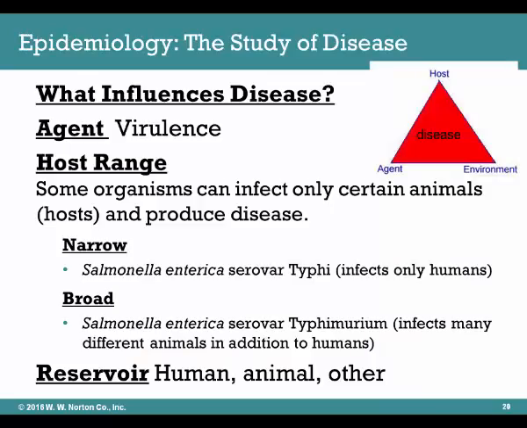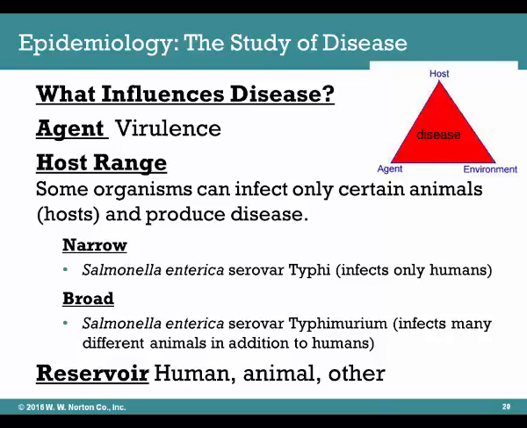So, as I mentioned, all of this is leading up to epidemiology, the study of disease, but also infectious disease. I'm just going to talk about the traits that are important for infectious disease.